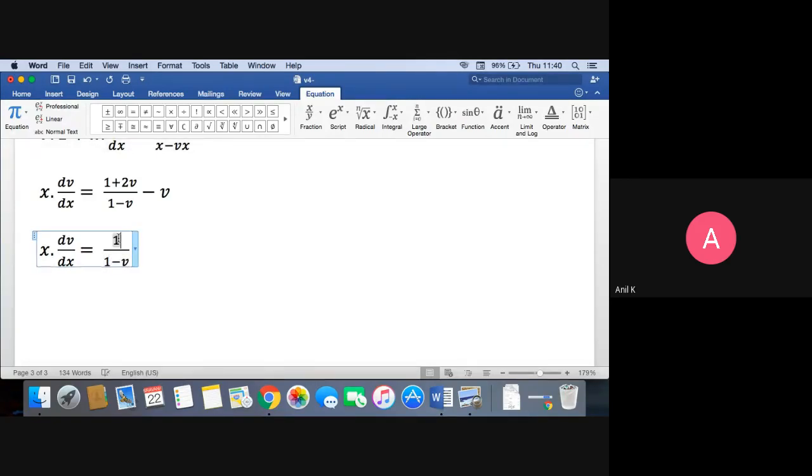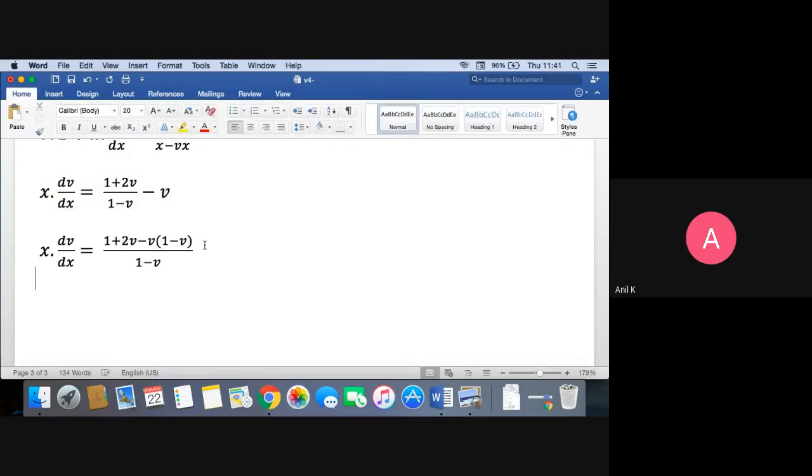What you get here, you have 1 plus 2v. Now here you have minus v into 1 minus v, because this denominator 1 minus v will multiply with this v. So v into 1 minus v. This is what we got.